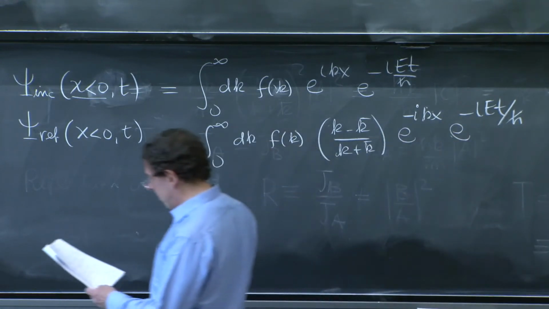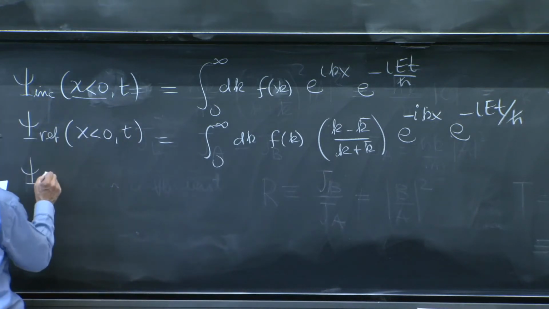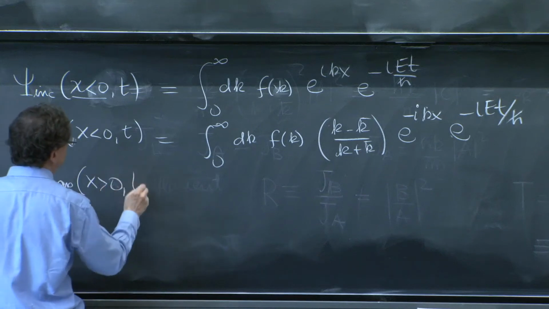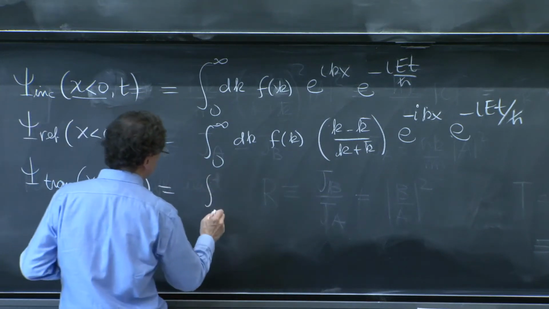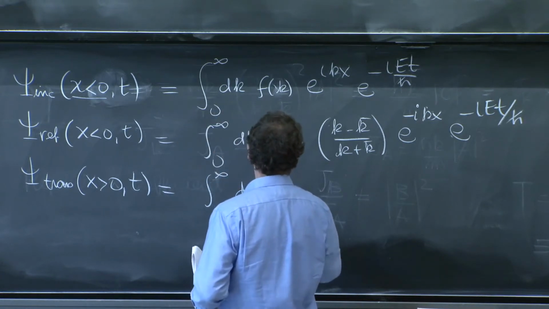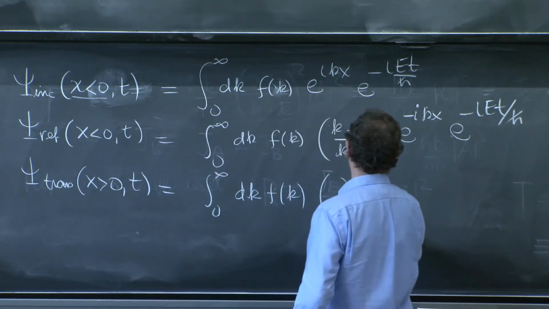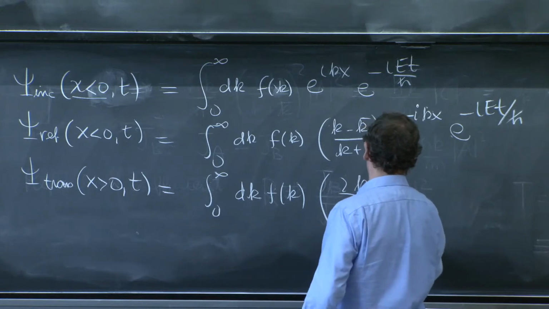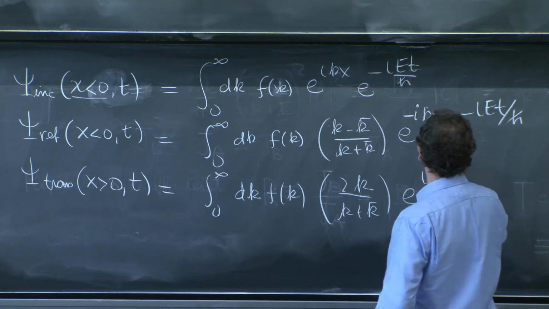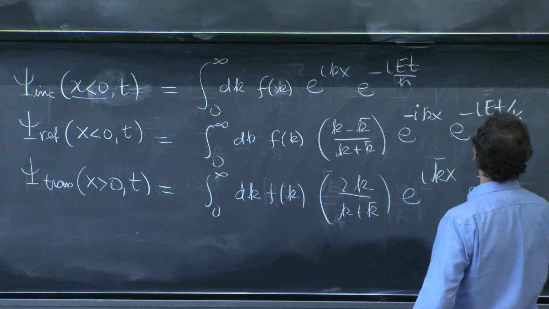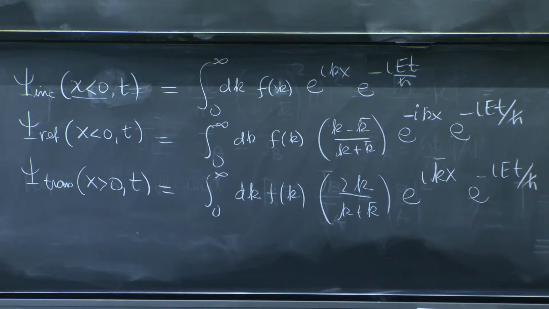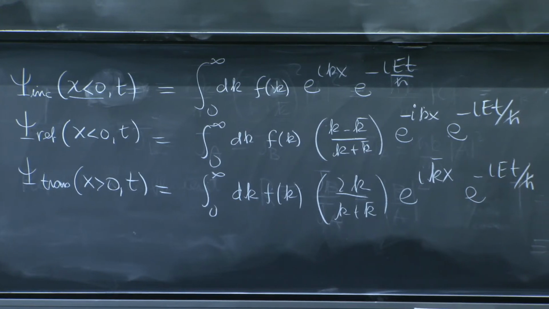And we have a transmitted, psi transmitted, for x greater than 0 and t. And that would be the integral from 0 to infinity, dk f of k, 2k over (k plus k bar), e to the I k bar x, e to the minus I Et over h bar. Okay, lots of writing, but that's important.